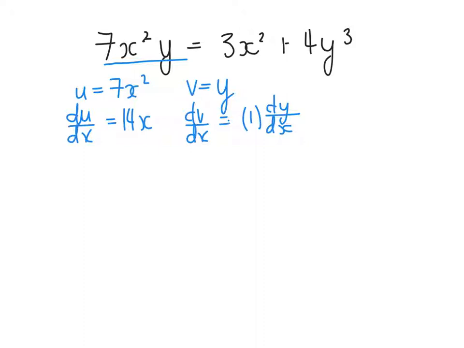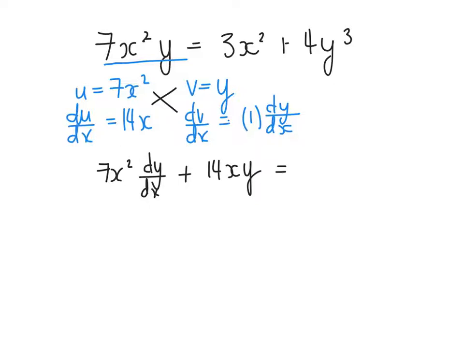Applying the product rule then, u times dv dx plus v times du dx, I end up with 7x squared times by 1 lot of dy by dx, so just dy by dx, plus 14xy. So that's my left hand side.